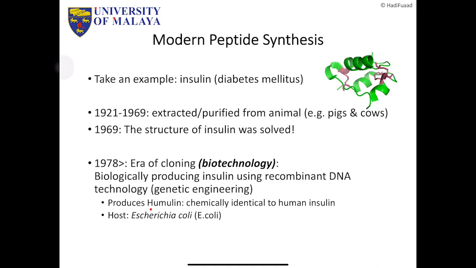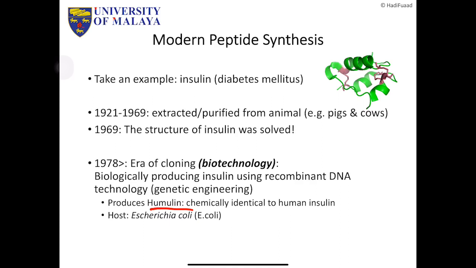The peptide or protein that was synthesized using the biotechnology approach is called humulin. It's chemically identical to human insulin. It has the same function, and you can simply produce a lot of it in Escherichia coli, or E. coli.